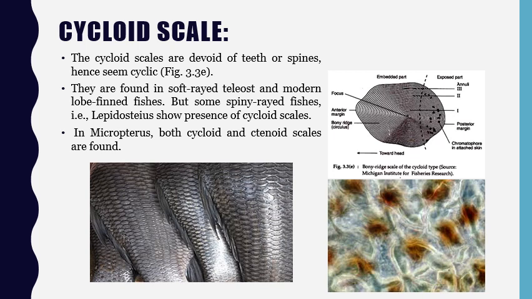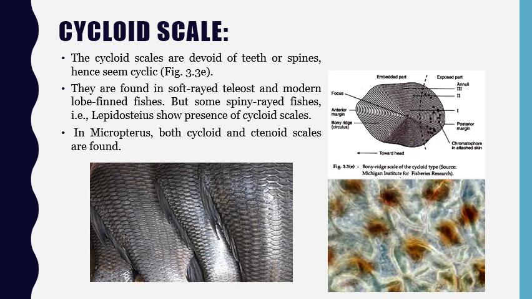The cycloid scales are devoid of teeth or spines, so they are called cyclic or cycloid scales. They are found in the soft rayed teleosts and modern lobe fin fishes, but some spiny rayed fishes like the Lepidosteus also show the presence of cycloid scales. In Macropterus, both cycloid and ctenoid scales are found.